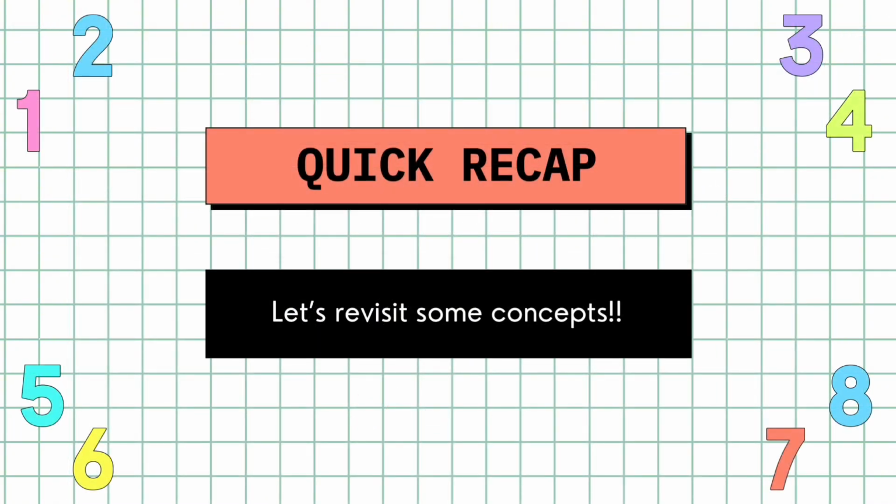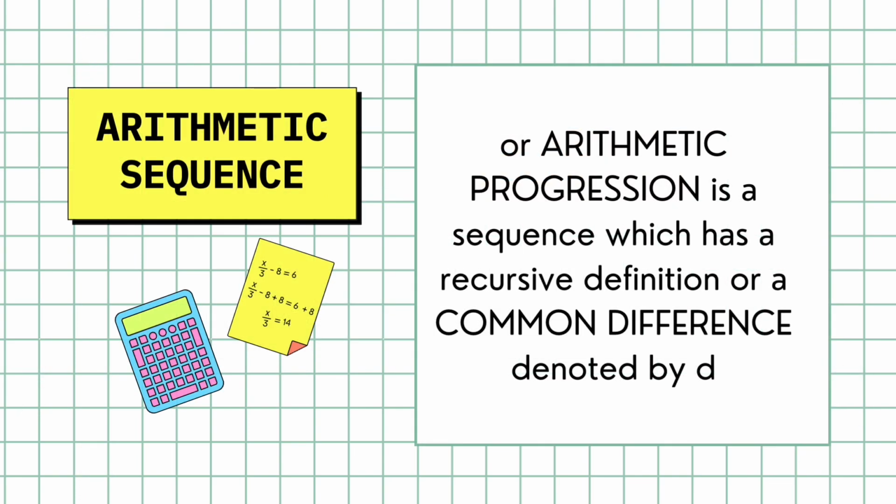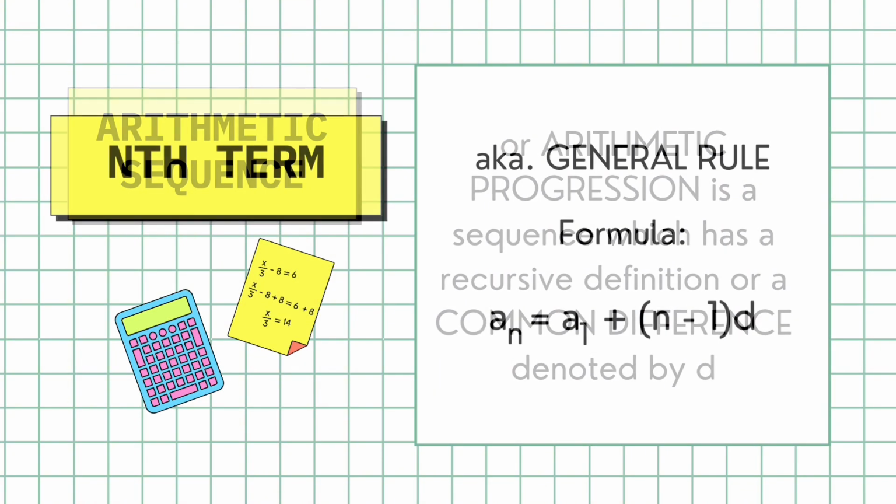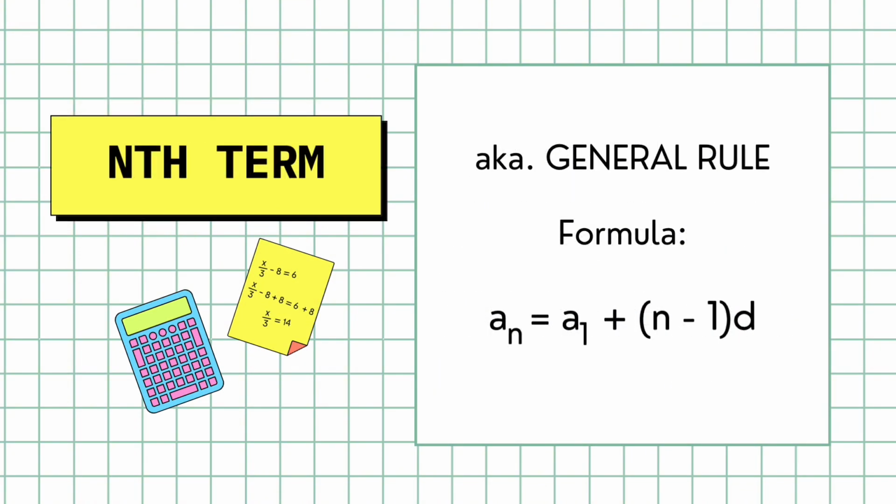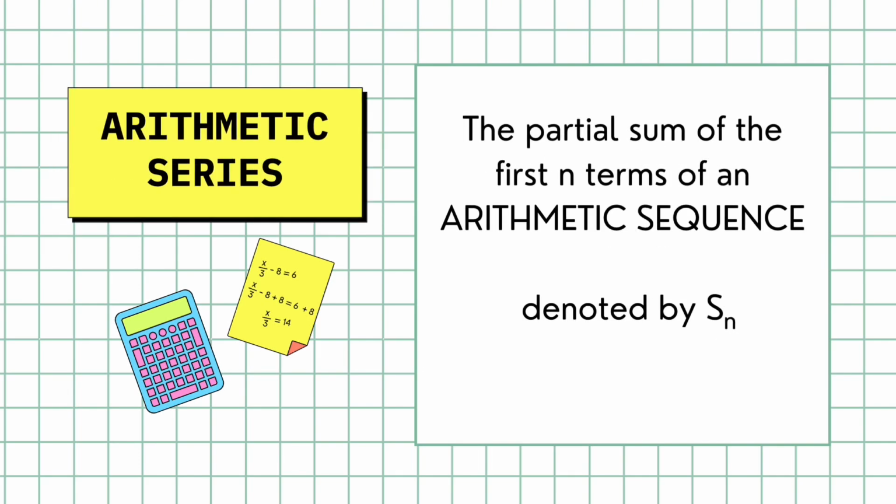Now, before we end, let's have a quick recap of our concepts. An arithmetic series or progression is a sequence wherein d exists, or the common difference. The nth term is the general rule denoted by the formula a sub n is equal to a sub 1 plus the quantity of n minus 1 times d. An arithmetic series is the partial sum of the first n terms of an arithmetic sequence denoted by s sub n.